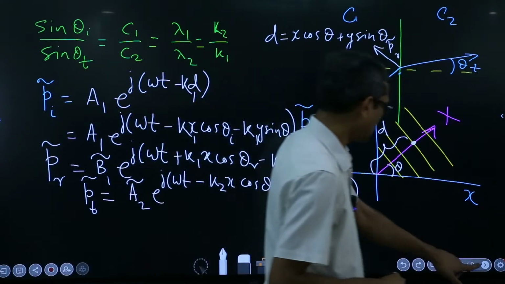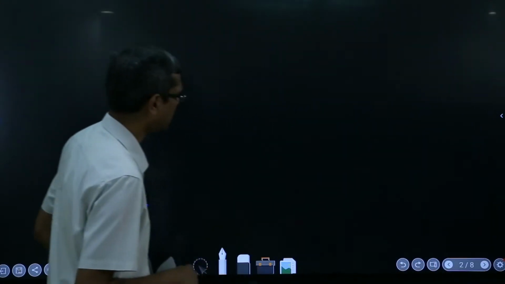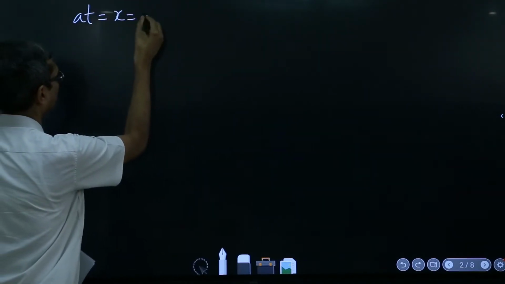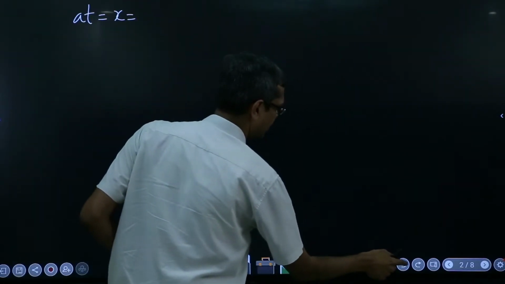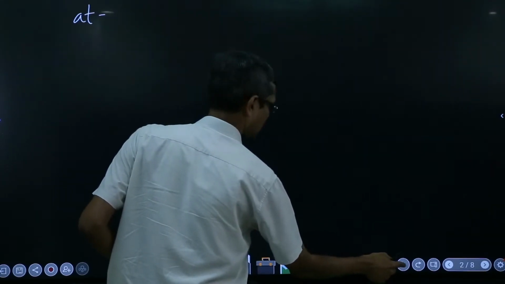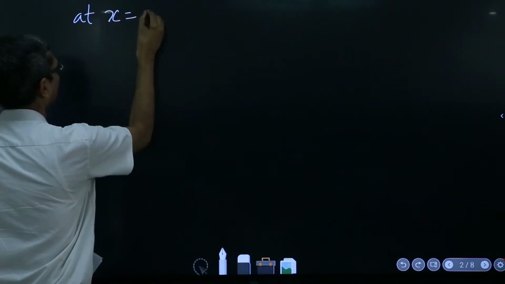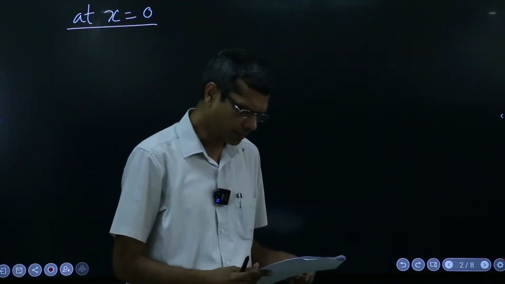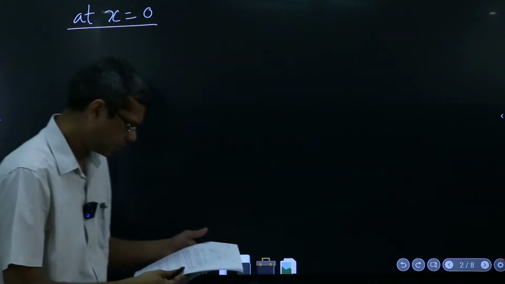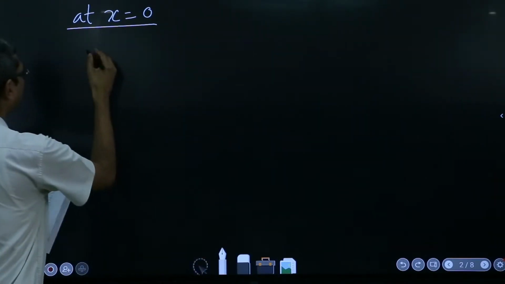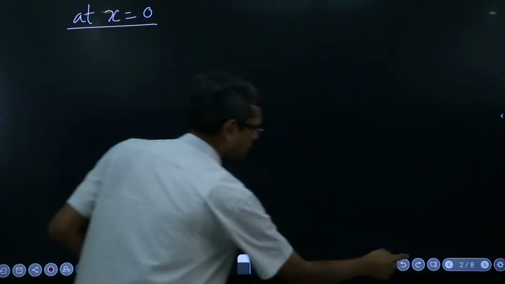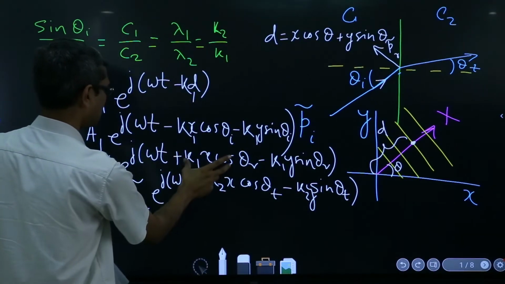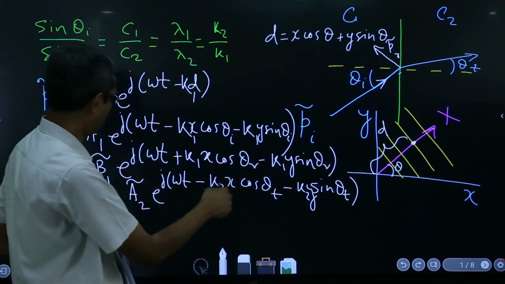Now if you apply the boundary condition at x is equal to 0, that is at the wall, I'll write it after putting, see here this term will just vanish because x is 0.